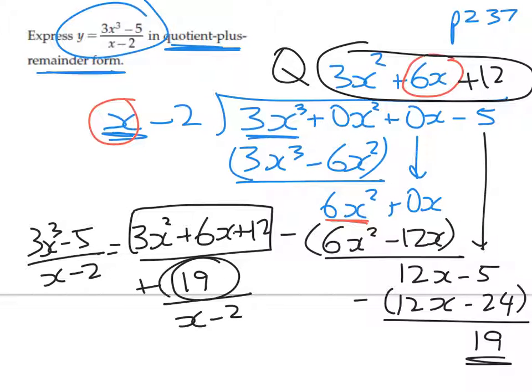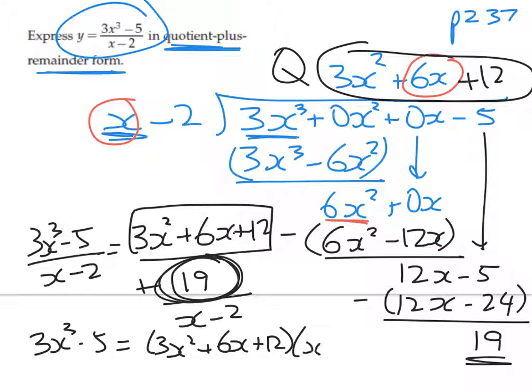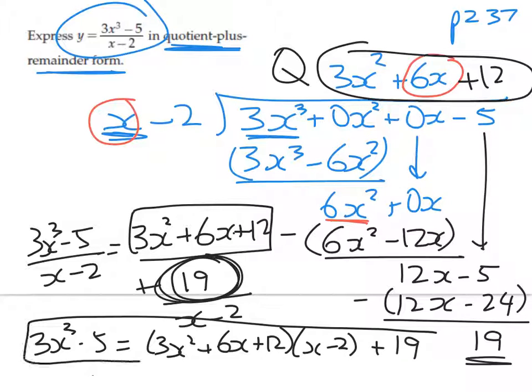So the remainder in here is 19. Okay. Now another way we could write that is we could write 3x cubed minus 5 is equal to 3x squared plus 6x plus 12 times x minus 2 plus 19. Okay, so that's multiplying everything through by x minus 2.